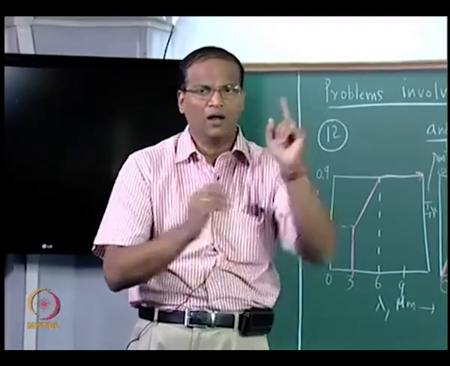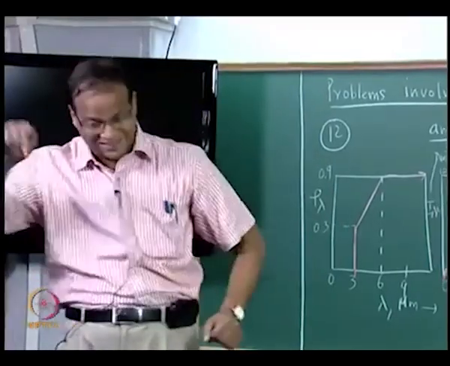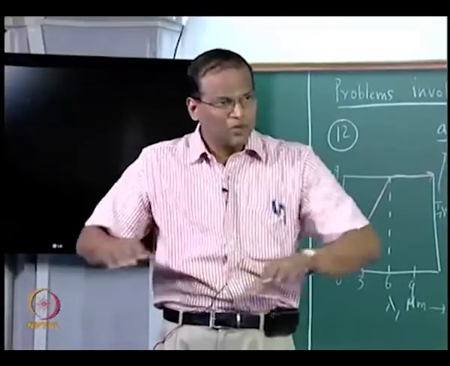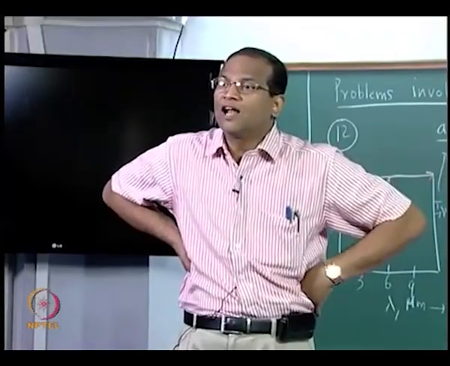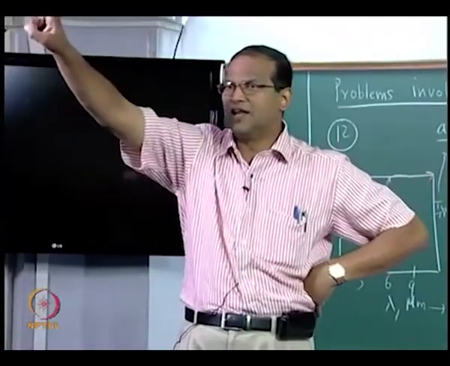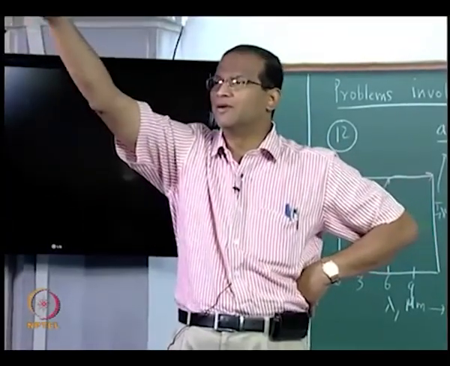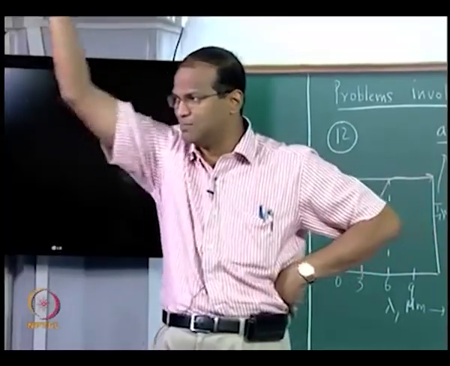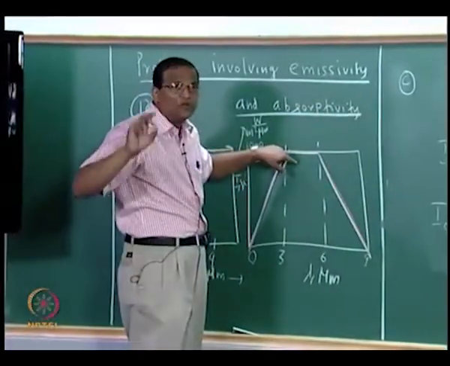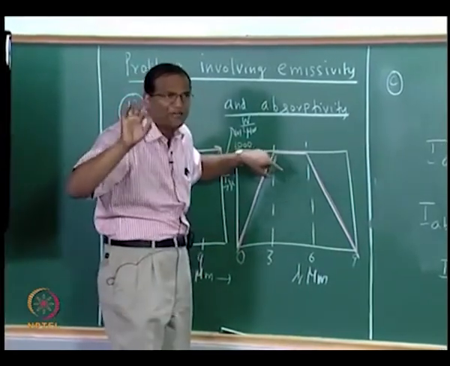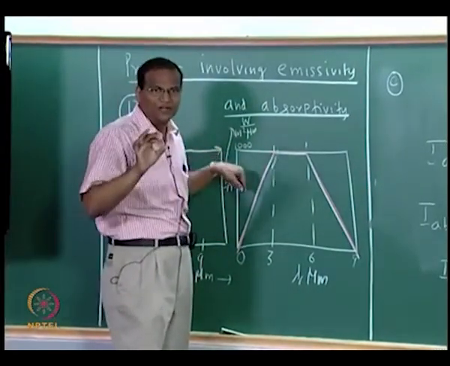Specify the temperature. You need to specify the temperature of that surface, because the emissivity is a function of temperature. But if I want to calculate the alpha, one of two things I have to tell. Either I should tell you that it is from a grey body or a black body at some temperature, or I should give you some story like this. So you must understand what is the critical information required to determine the property.